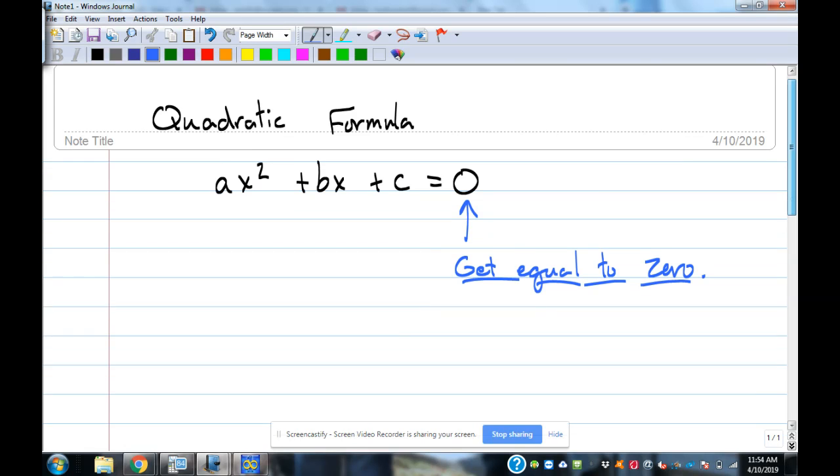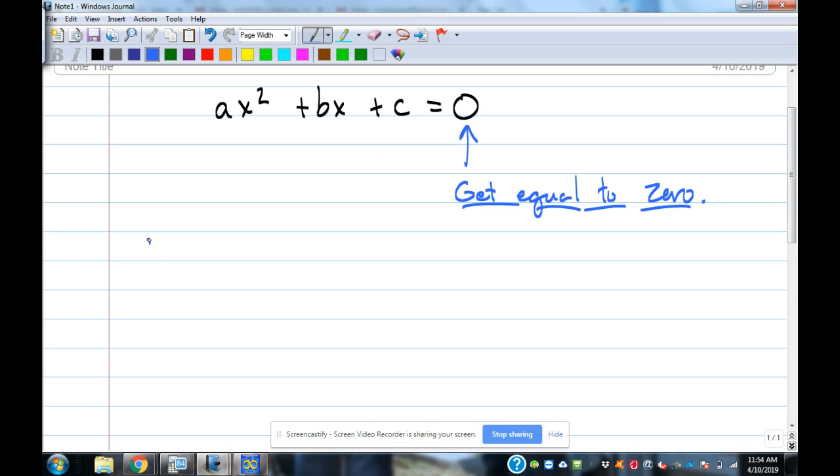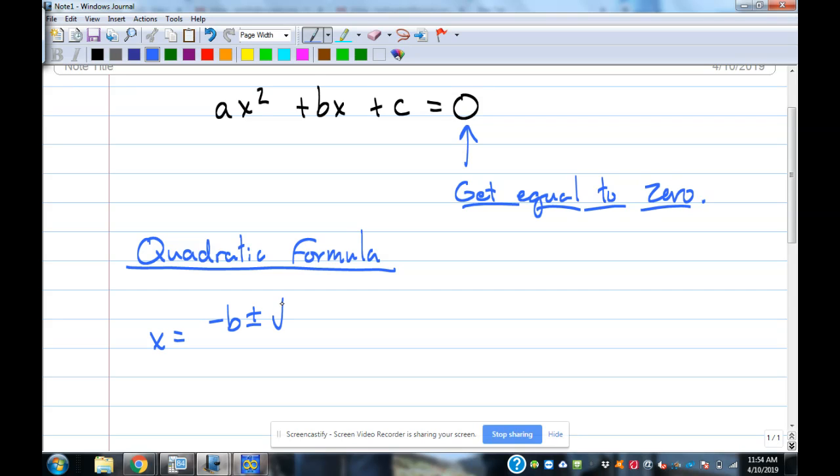The quadratic formula, and this is what you need to memorize: x equals negative b plus or minus radical, or square root, same thing, b squared minus 4a times c, over 2 times a.